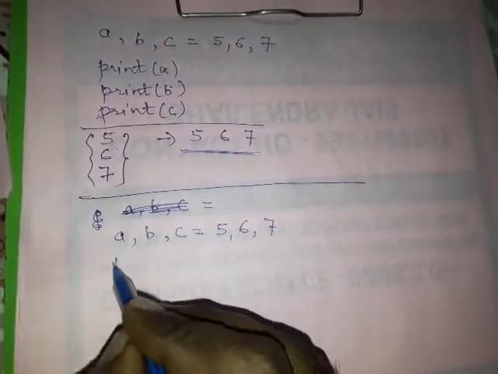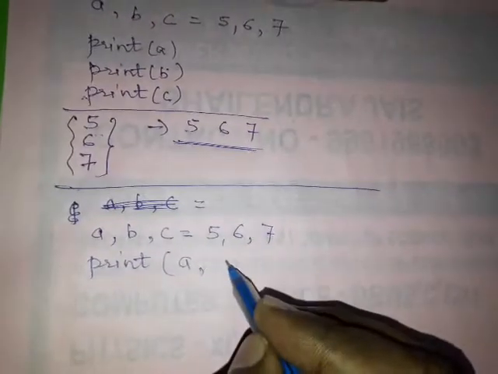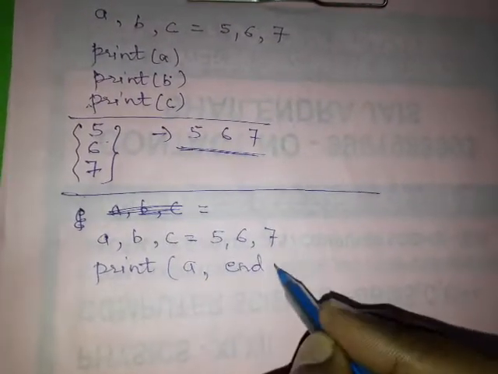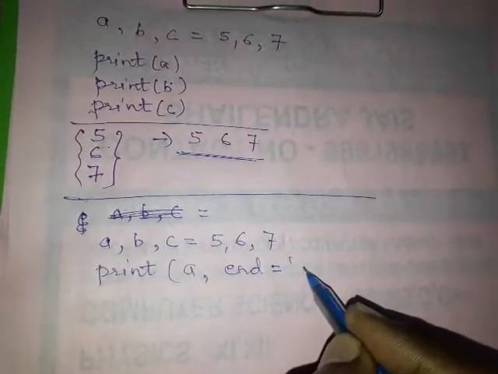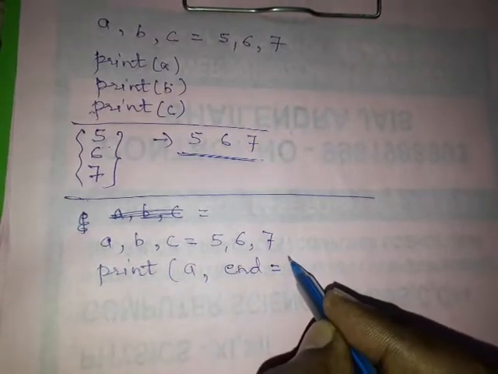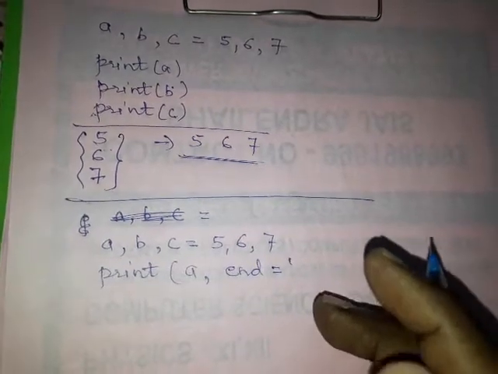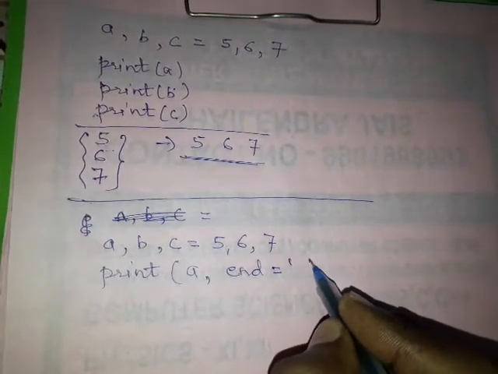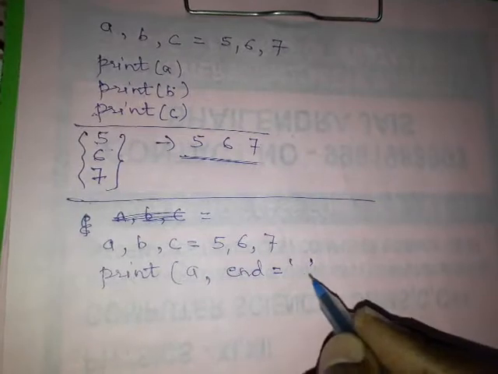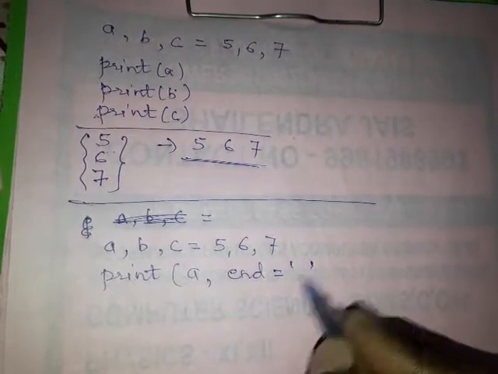Then I am using print a comma end equals to, after typing this single quote, press the spacebar from the keyboard and then close the quote. It means there is some space between these two.